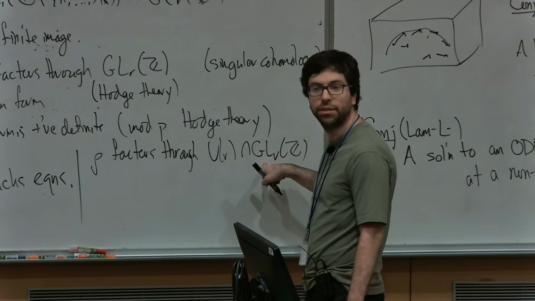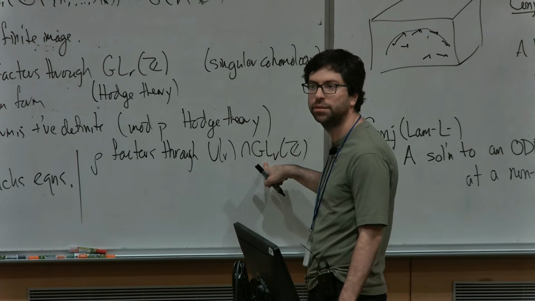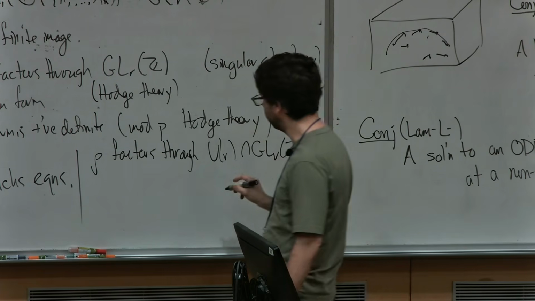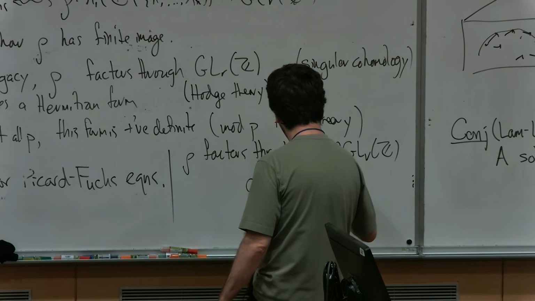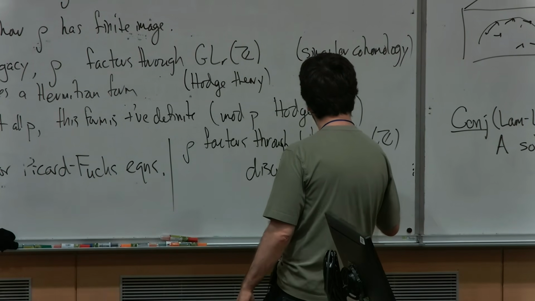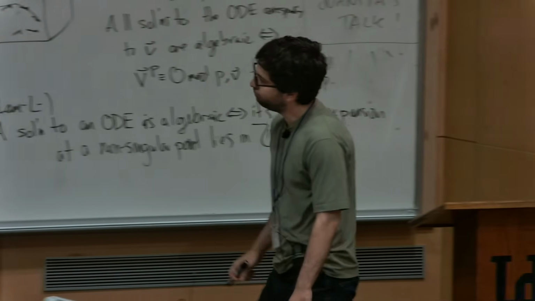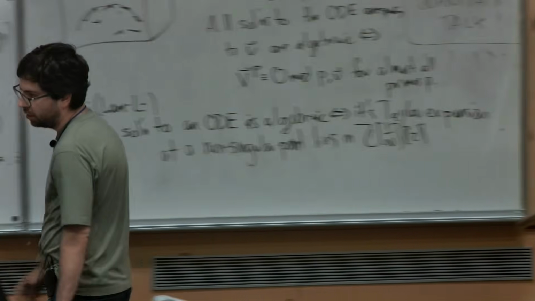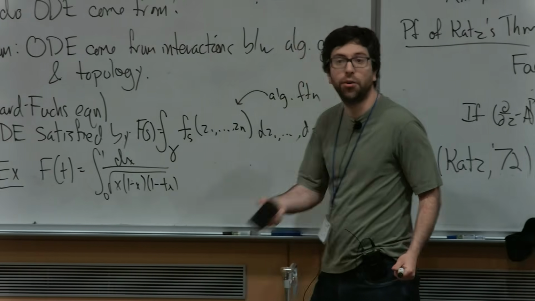This group is discrete. So can anyone characterize the discrete compact topological spaces? They're finite, yeah. So discrete plus compact implies finite. Great. So what I would like to explain for the rest of the talk is that there exists a... oh, yeah, is there a question?